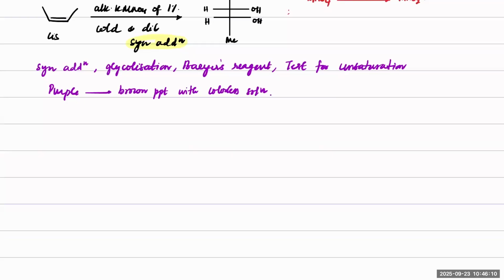Similarly, if you have, let's say, trans, and then I use first osmium tetraoxide in the presence of NaHSO3. Got it? In that case, this is a trans molecule, but osmium will also give you a syn addition.